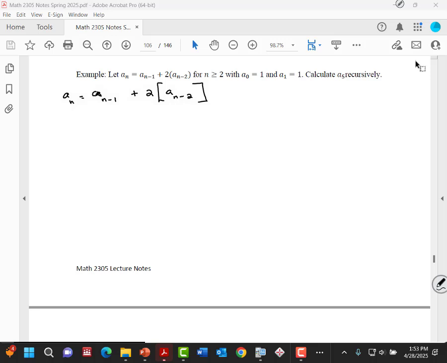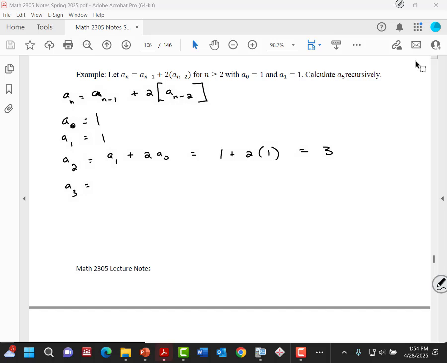So the current term is equal to the term prior plus 2 times the term prior to that. So given some items, A0 would equal 1, A1 would equal 1. So A2 then is simply equal to the term prior, that's A1, plus 2 times the term prior to A1, which would be A0. Well, what is this? This is 1 plus 2 times 1, which is 3. Well, let's compute A3.